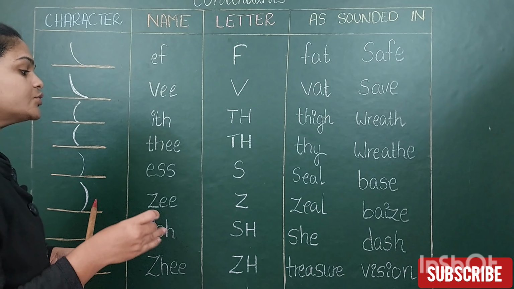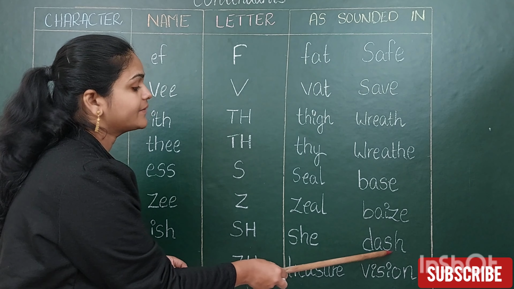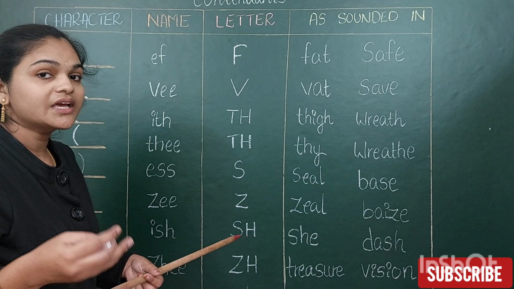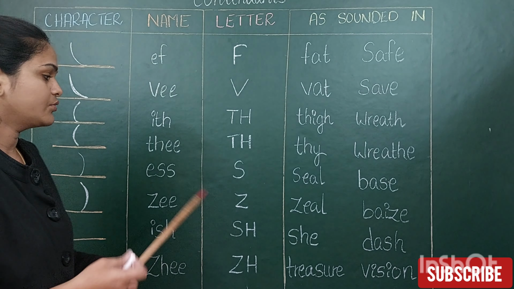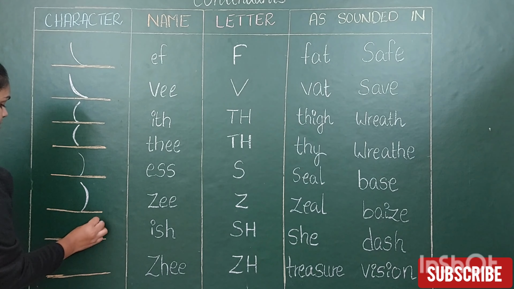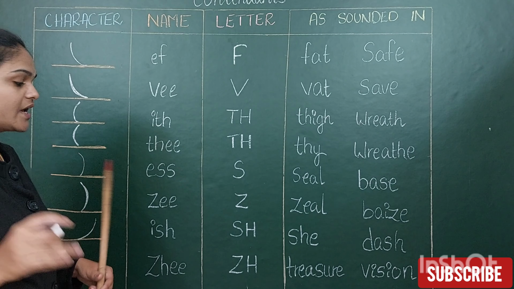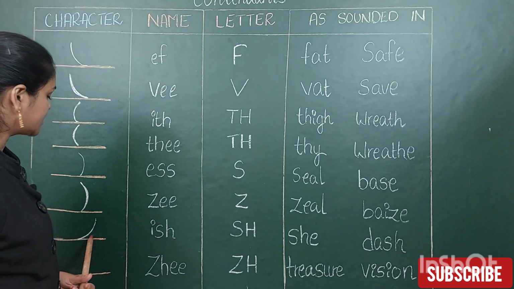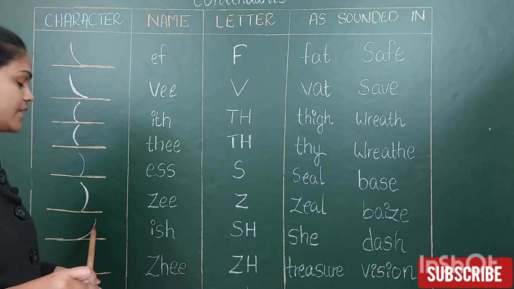And dash: if you want to write dash, it also has SH and sounds ish. So when the ish sound comes, you have to write this curve on the line only. It is a lighter one. Yes, the ish sound has the lighter curve.